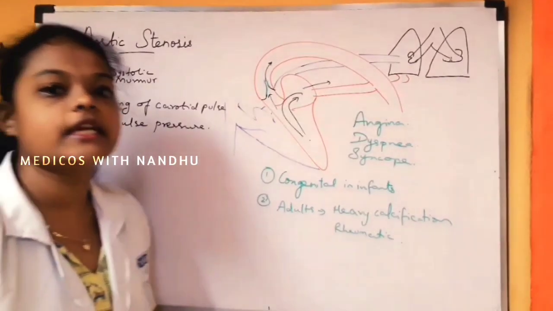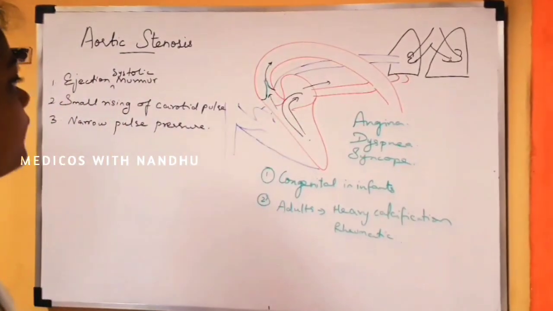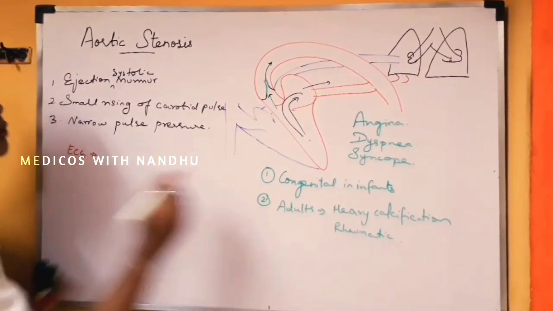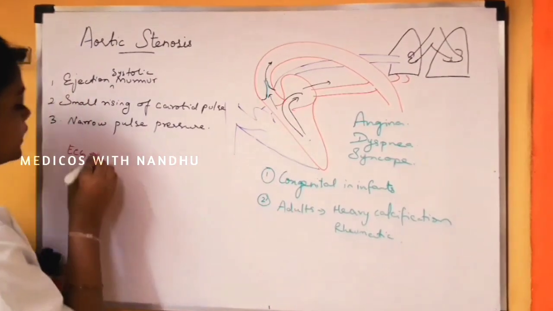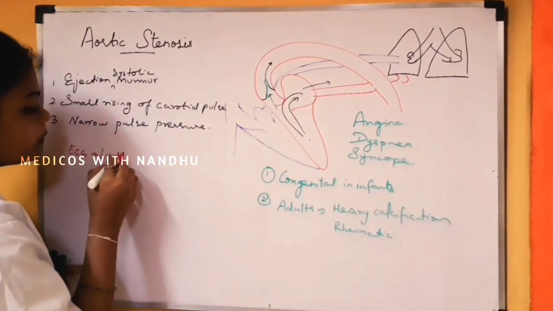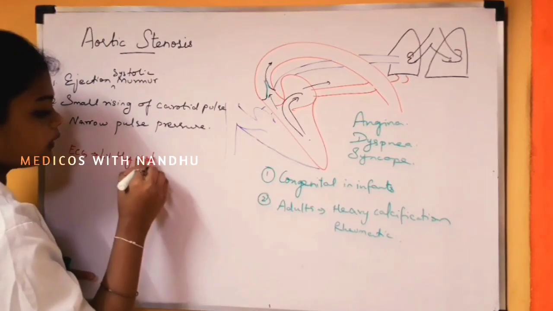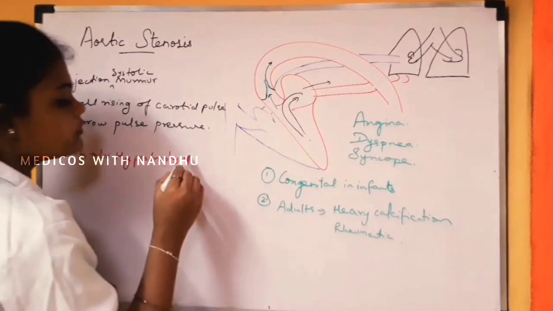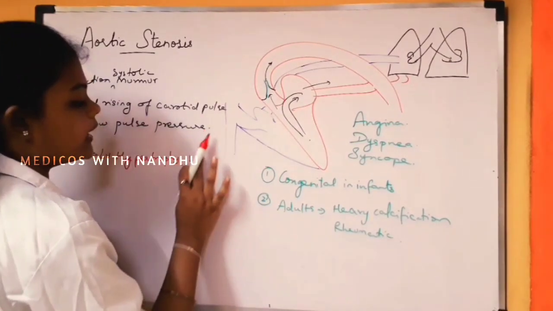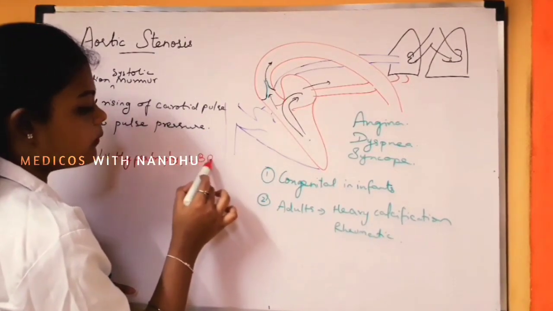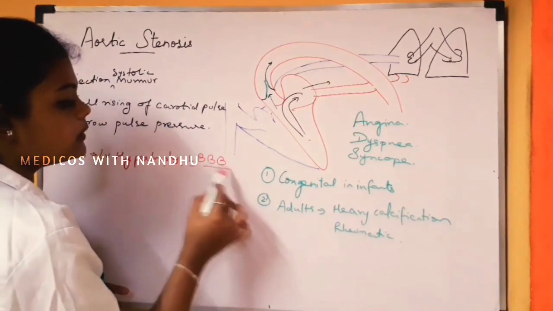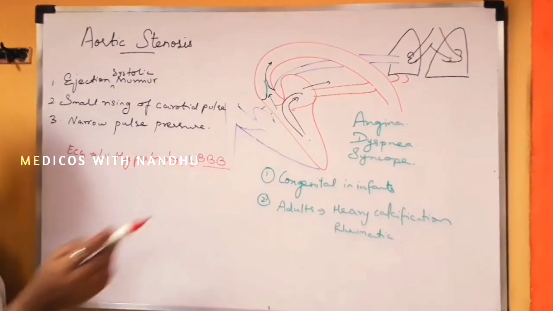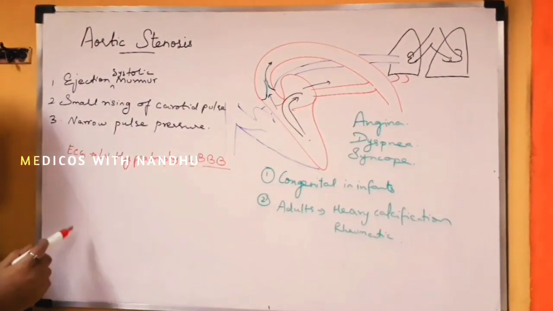Coming to investigation, we have ECG. In ECG we know that left ventricle hypertrophy and left bundle branch block will be seen.